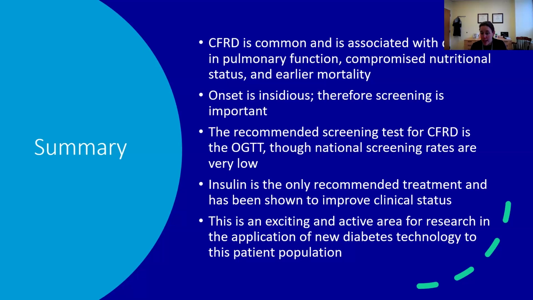Also, insulin right now is the only recommended treatment for people with CFRD. And the reason is that insulin is the only one that's really been shown to improve clinical and nutritional status.